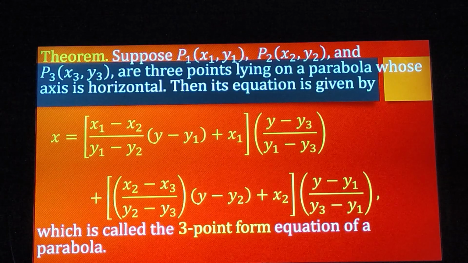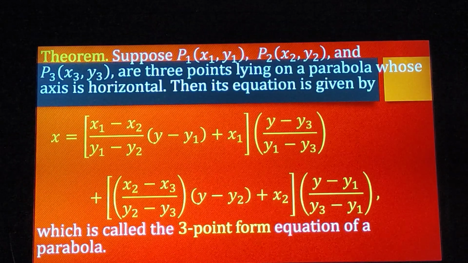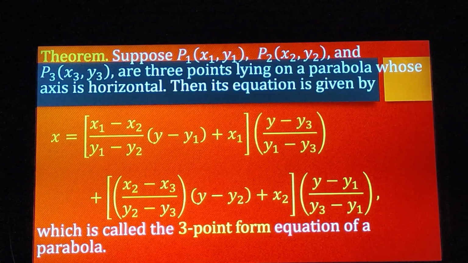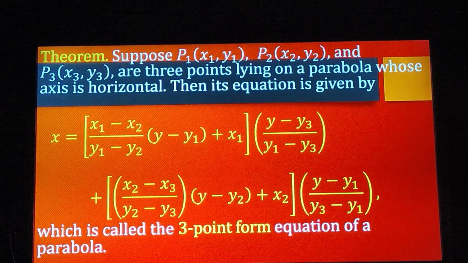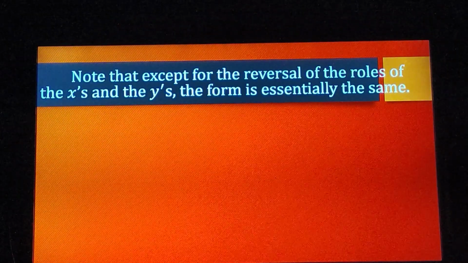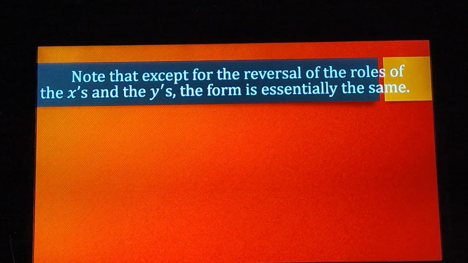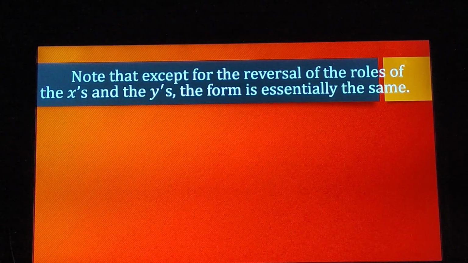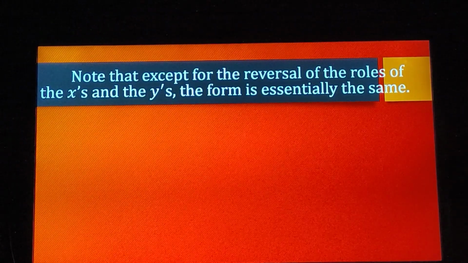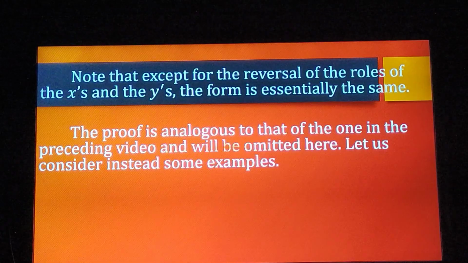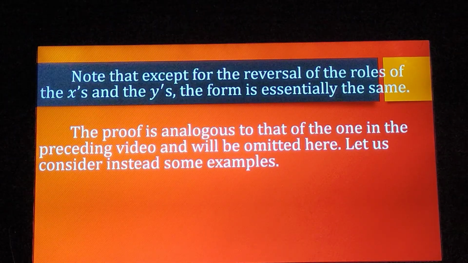And so this is still called the three-point form equation of a parabola whose axis is horizontal. Except for the reversal of the roles of the x's and the y's, the form is essentially the same. The proof is analogous to that of the one in the preceding video and will be omitted here. Let us consider instead some examples.